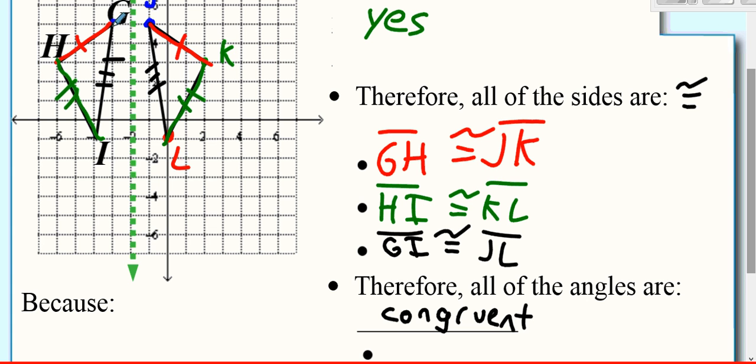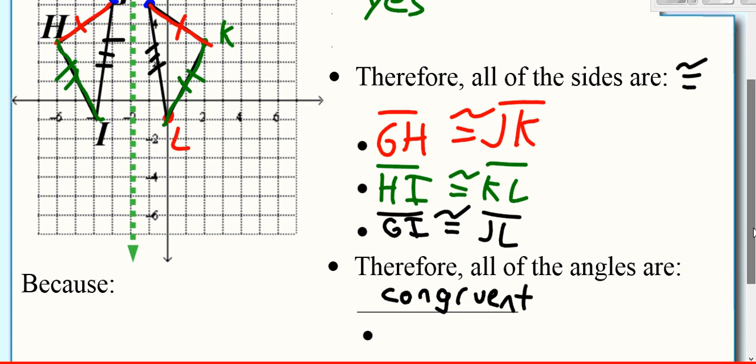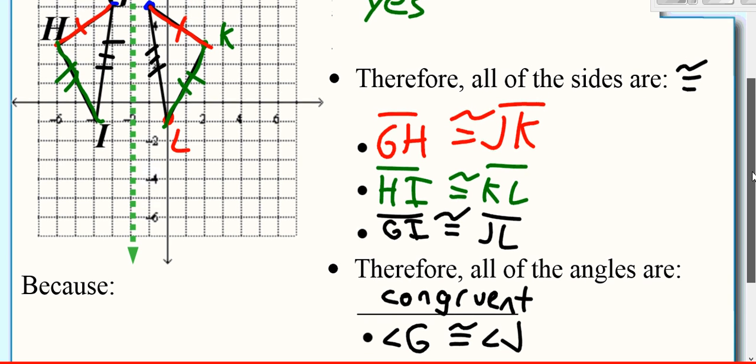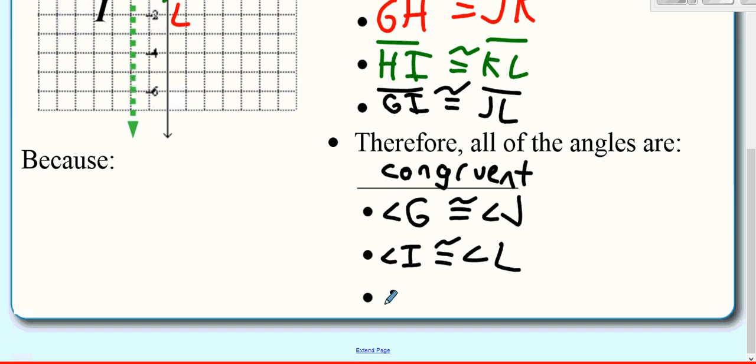So all their angles, so angle G and angle J. Angle G is congruent to angle J. Angle I is congruent to angle L. And angle H is congruent to angle K. They have to match up.